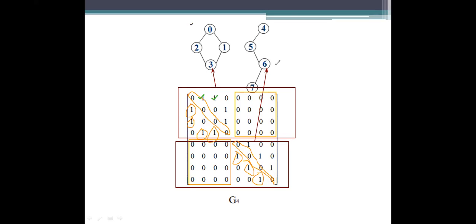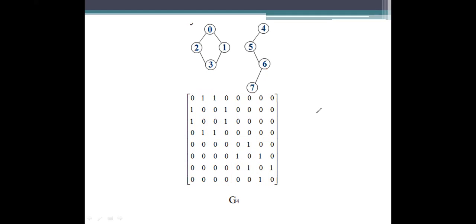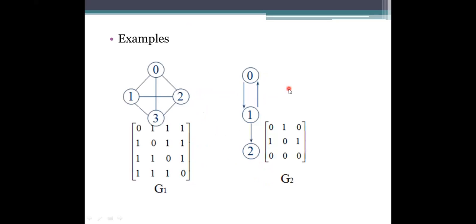And what makes you represent this adjacency matrix here? What is the advantage of this adjacency matrix here? If you look at this one, go to the previous example. I want to know if there is an edge between 2 to 1 or not. Take the graph 2 example. I want to know whether there is an edge between 2 to 1 or not.